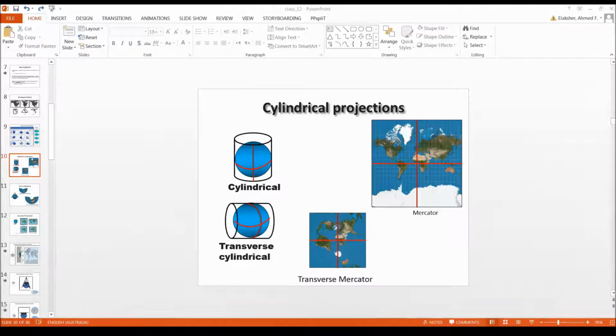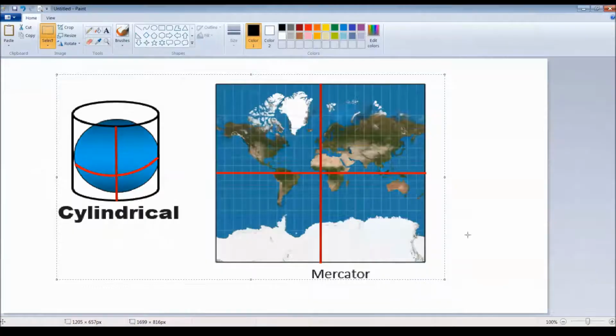Give me a second here, and I can share the screen. Okay, and Paint. So this is the Mercator here. The resolution might not be that good, but it gives you the general idea.